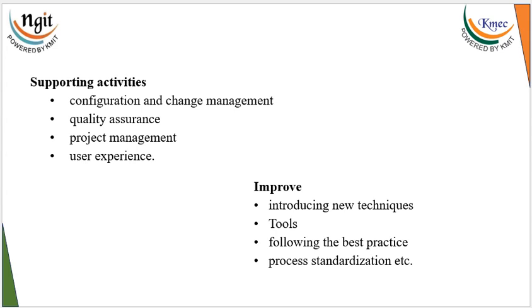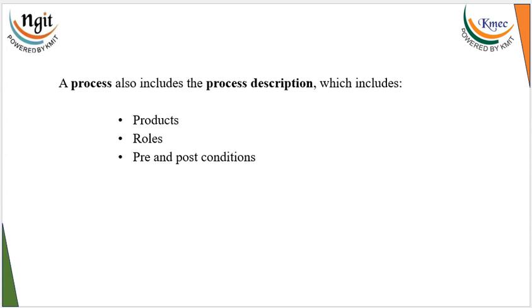When we talk about a process, we are talking about the activities available in that process. A process includes a process description. Let us discuss what this process description consists of. First, products.